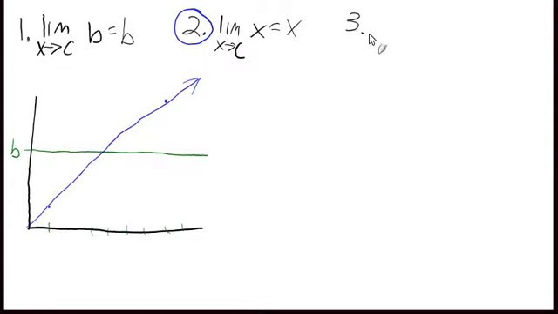The third one, the limit as x approaches c of x, okay, very similar to this, except for now we're raising it to the n. Alright, x to the n. It's going to be a little different because this function here is a polynomial function.